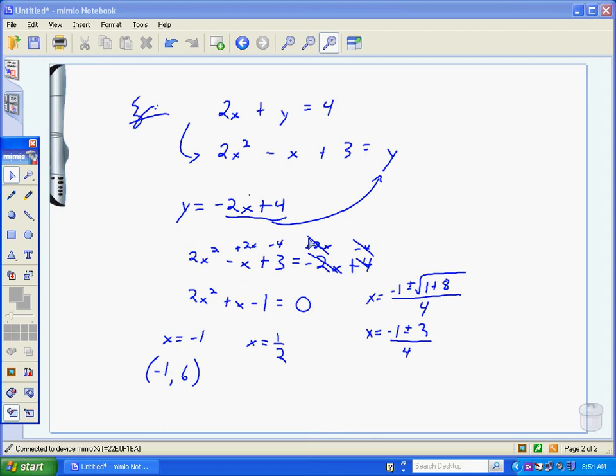So our solution here is (1/2, 3). So there we go. There's our answers. So if we were to graph them without graphing, we know already that that's where they would meet. The two graphs would cross or intersect at those points. Good enough?